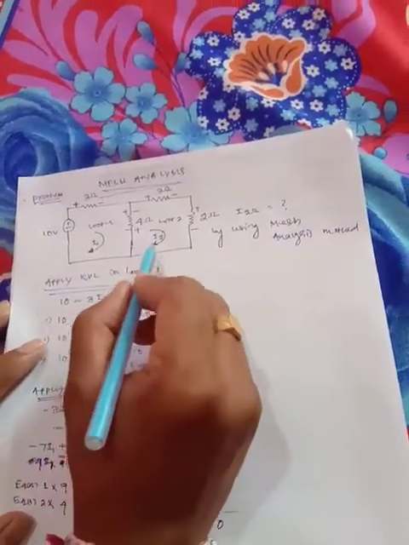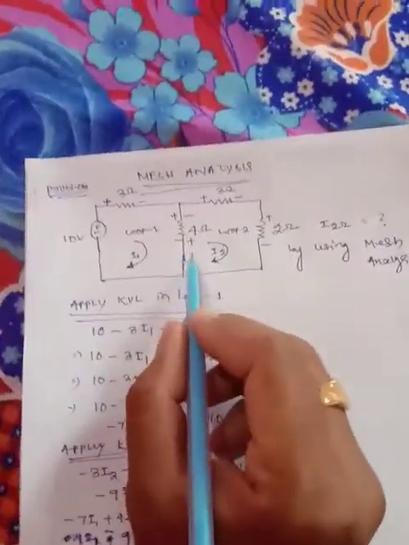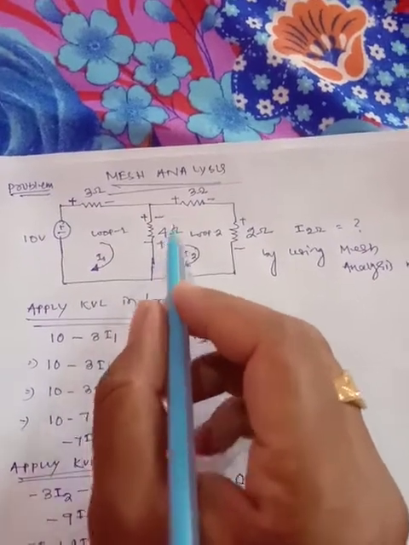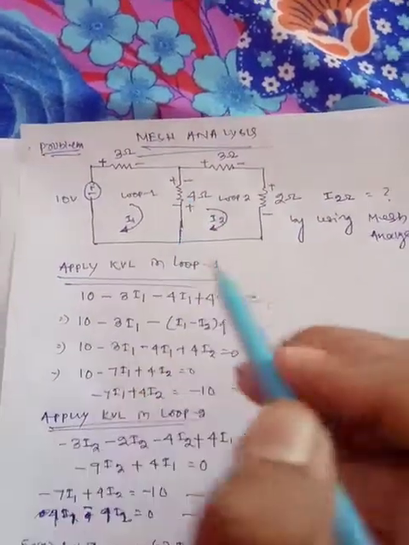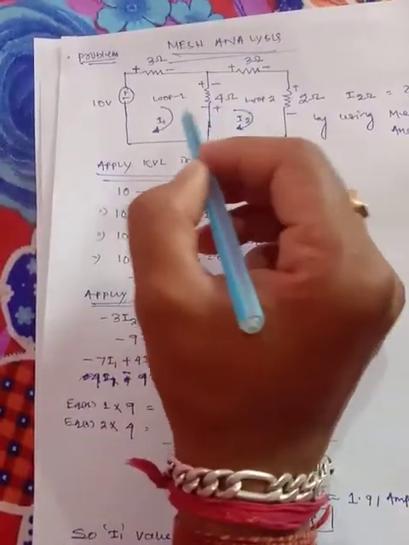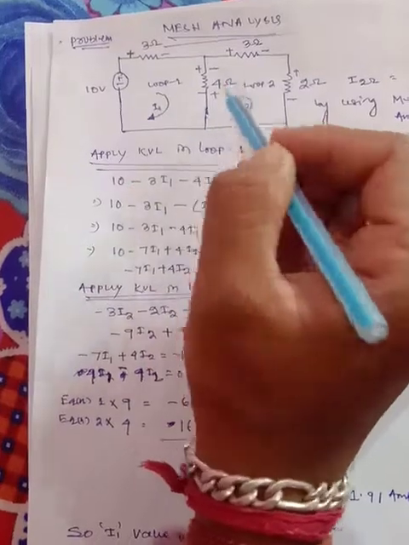This is the main point: if the question asks to find the current across the 4 ohm resistor, then two currents are flowing through the common resistor, I1 current and I2 current.